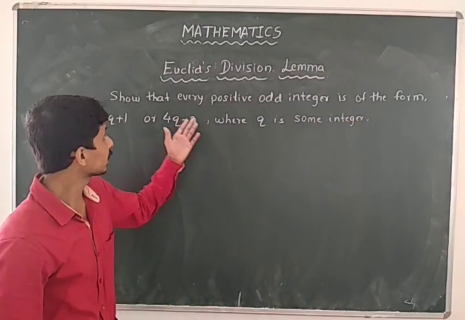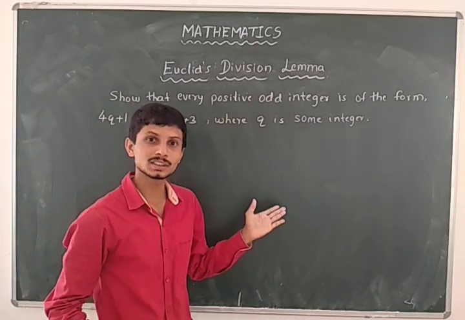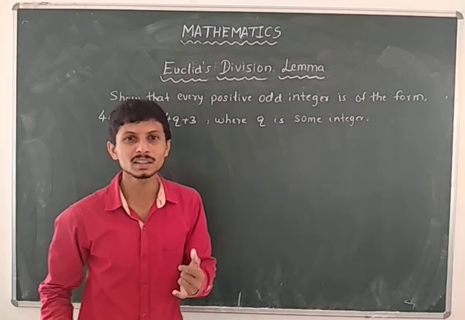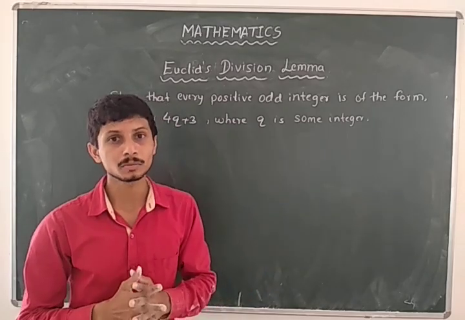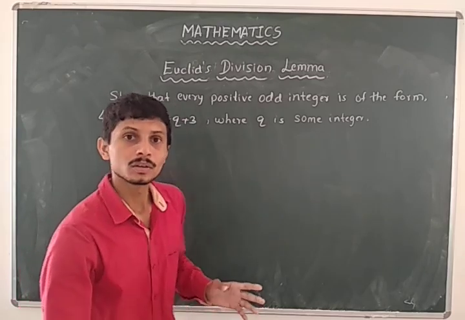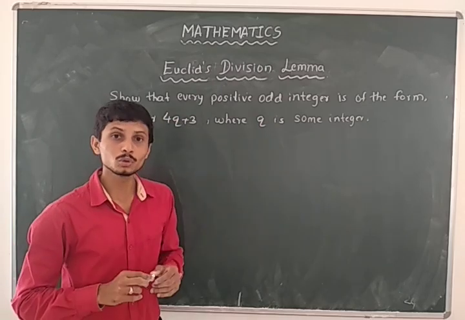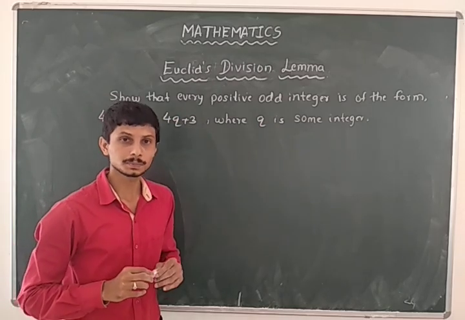Here also we are taking positive odd integers, because with Euclid's division lemma we take positive integers from the integer set and have to prove that statement. So for this we have to use Euclid's division lemma while proving this problem.